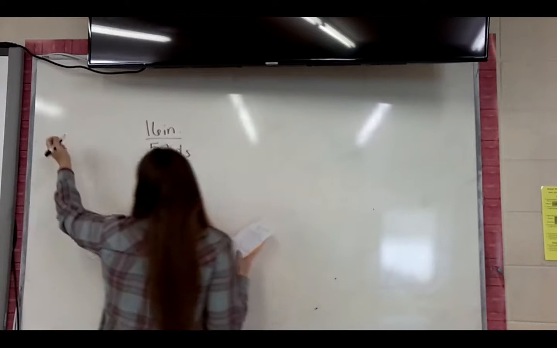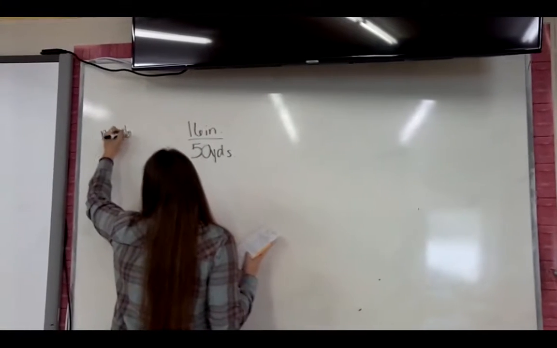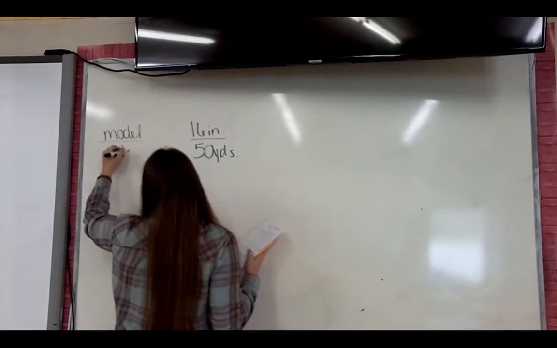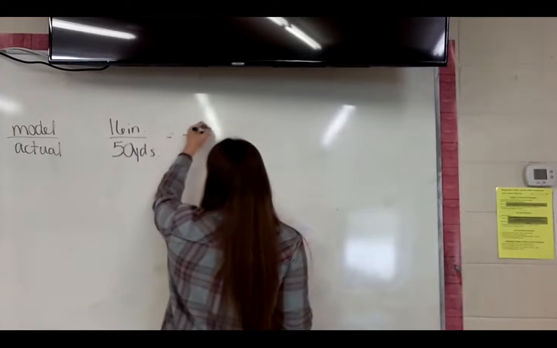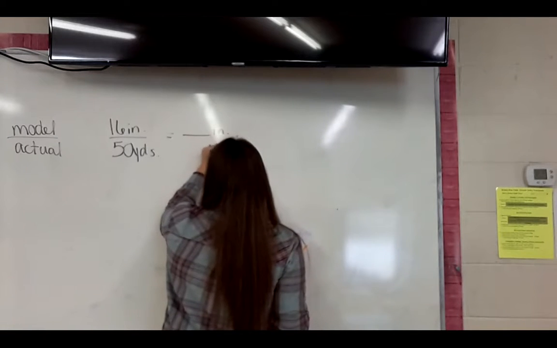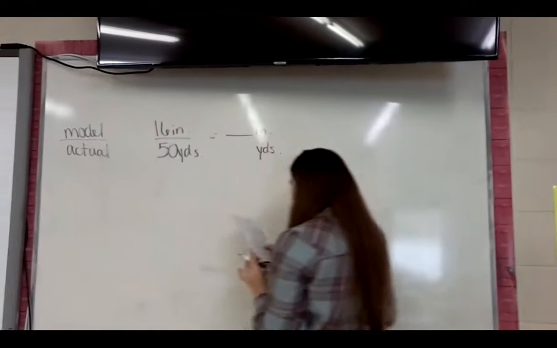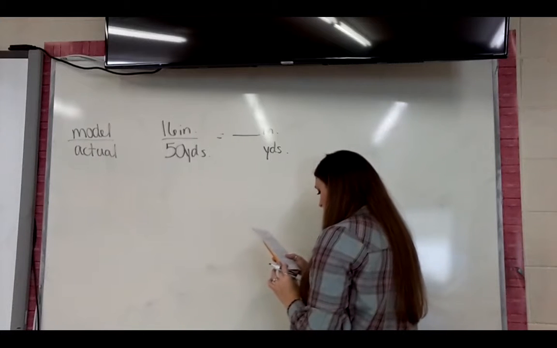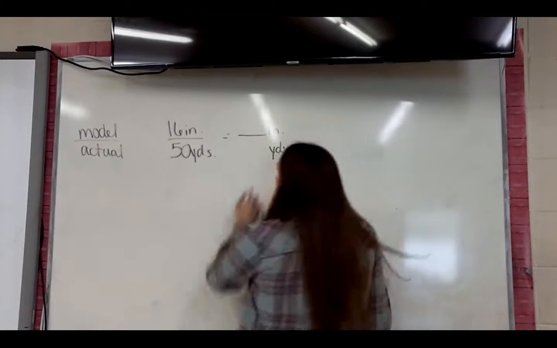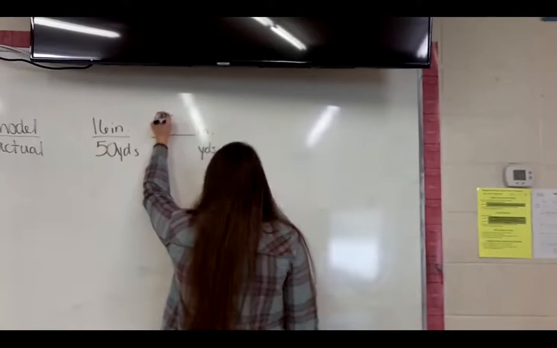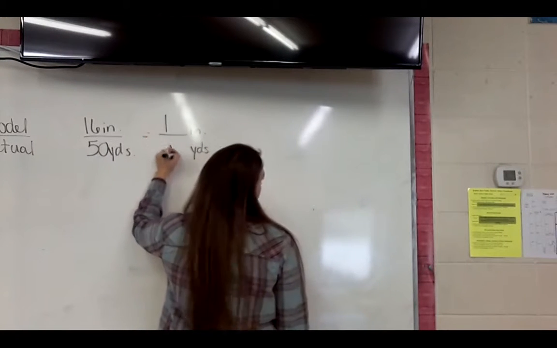So remember, it is always model over actual. I have inches over yards, which means my other fraction still has to be inches over yards. We're trying to find 1 inch is how many yards?